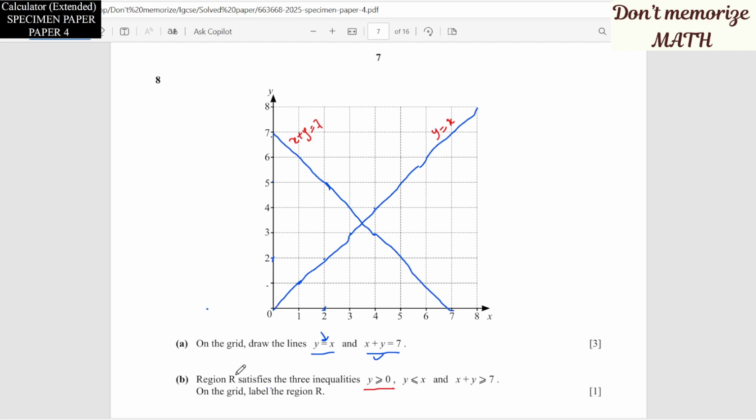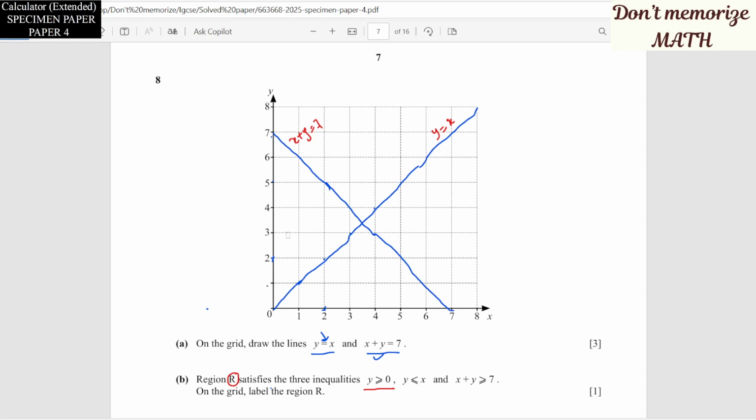So, normally when you have to mark the region R, we will just shade the unwanted region. Okay, unwanted region means opposite of this region we have to shade. So y is greater than or equal to 0 means what is opposite? Y must be less than 0, right? Where y is less than 0.